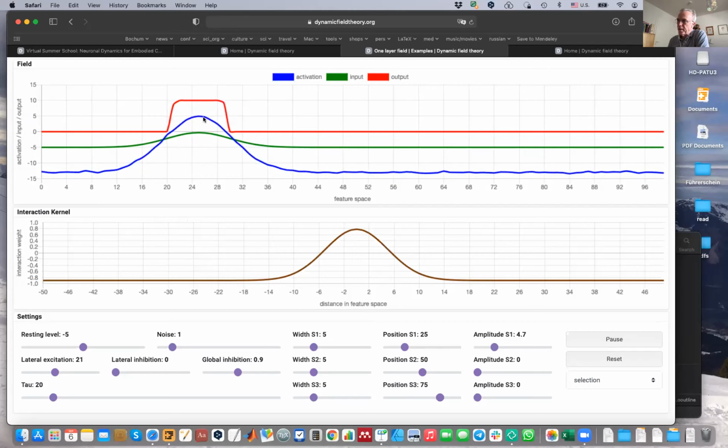That sort of self-excitation does that. And now everywhere else, the activation level is actually suppressed below the resting level. That's this positive peak using the negative part of the kernel to suppress the field everywhere. So you see it's certainly qualitatively different from that low-pass filtered solution.